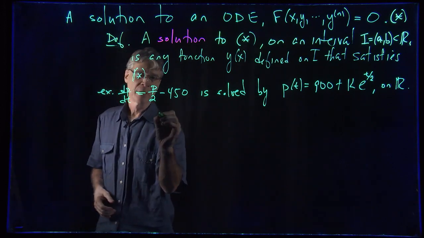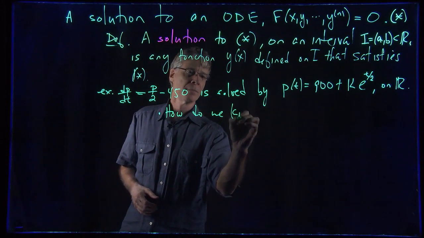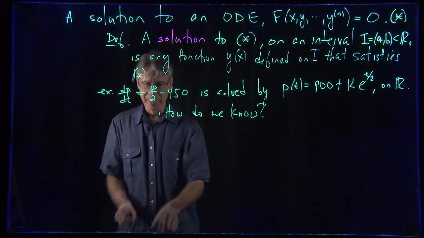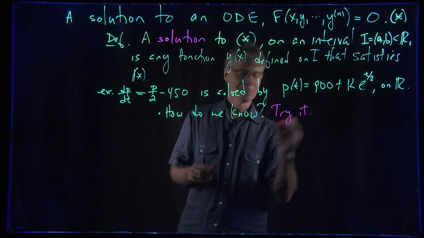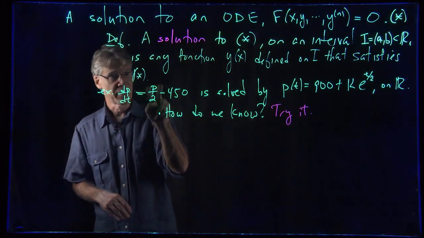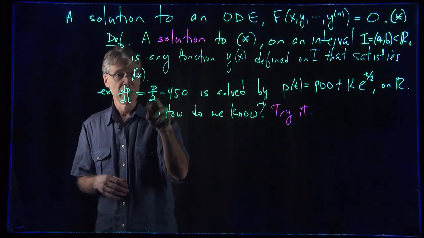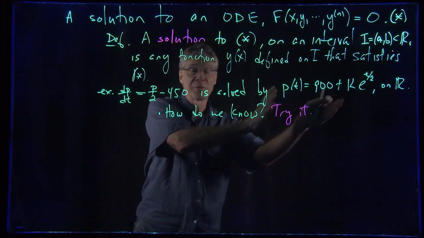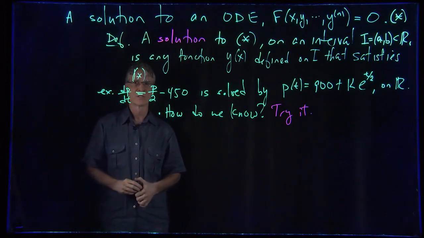Okay. How do we know? Well, to be brutally honest, try it. What that means is that take p, stick it there. 900 plus k times e to the t over 2. Divide that by 2, subtract off 450. Now take this p, take its derivative, stick it on this side, and make sure it all works.